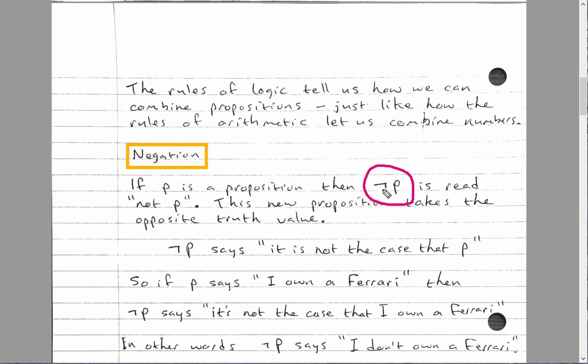It looks a bit like a minus sign, but it's got an extra piece. The way to read this is not P. So if P is true, then not P is false. If P is false, then not P is true. It just switches, it takes the opposite truth value.